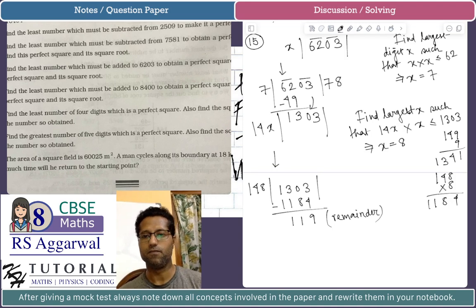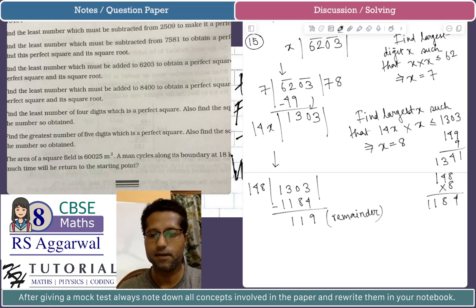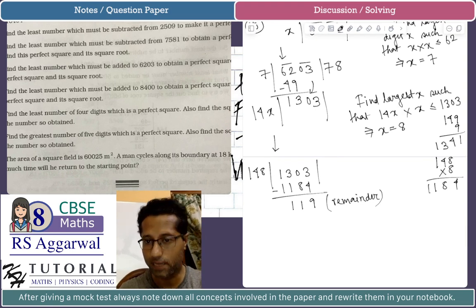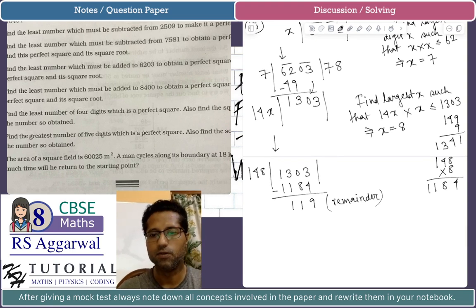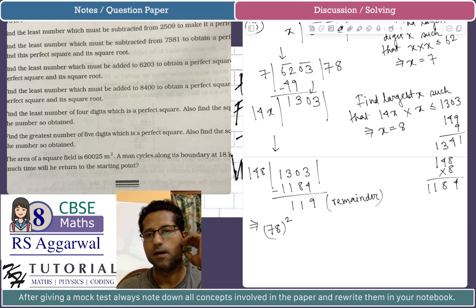What number must we add so that it will become a perfect square? So the concept is that we know that 78 whole square is definitely less than 6203.